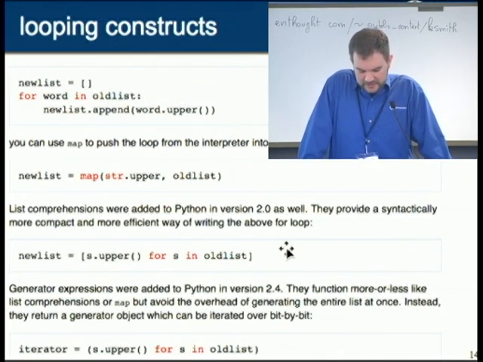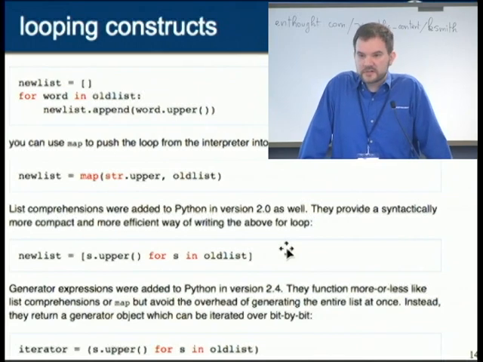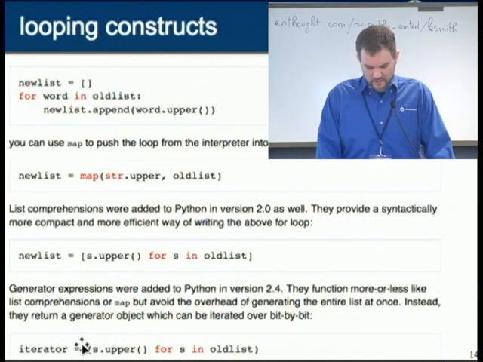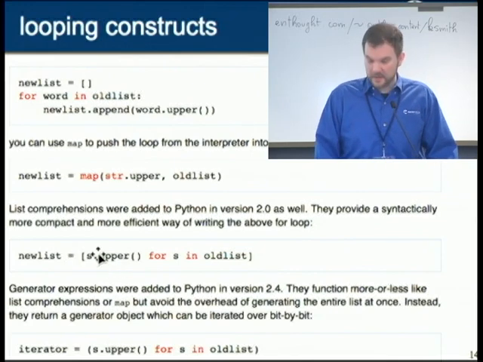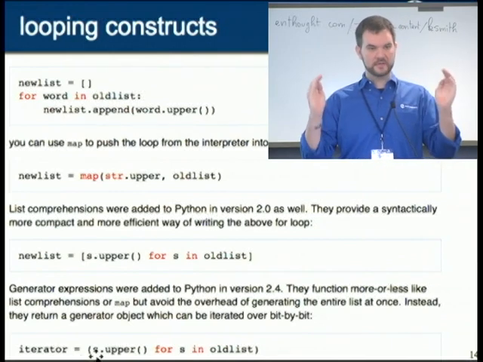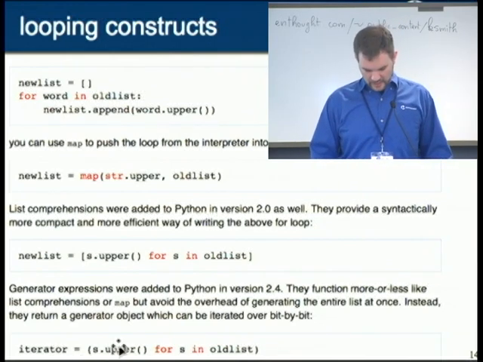There are generator expressions. Who has seen or used generator expressions before? That's this thing down here. Okay, a few people. So the only difference between these two syntactically is that list comprehensions use square brackets. Generator expressions use parentheses. And semantically, the result of this is a generator.